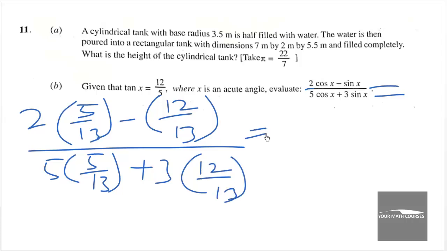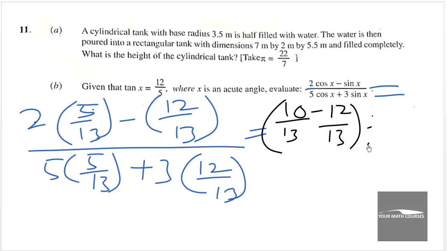This will be equal to 2 times 5 is 10, minus 12, so 10 over 13 minus 12 over 13, divided by 5 times 5 is 25 over 13, plus 36 over 13.